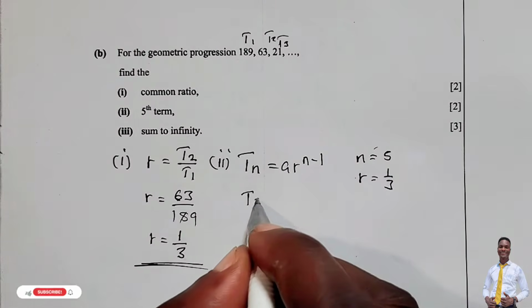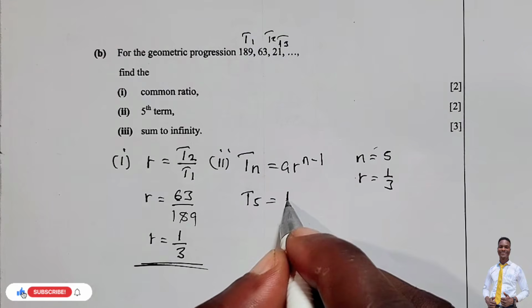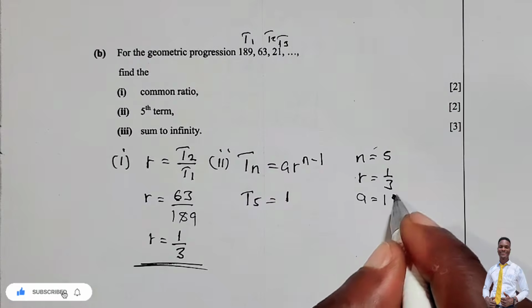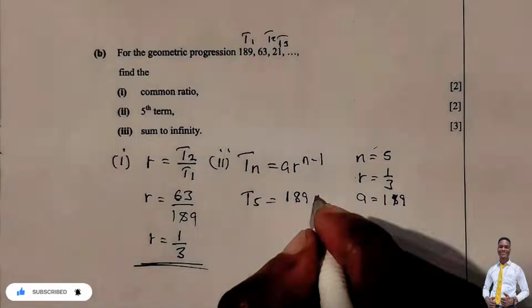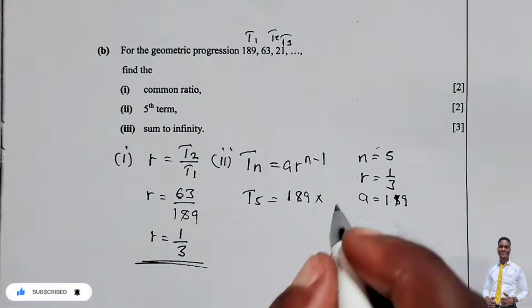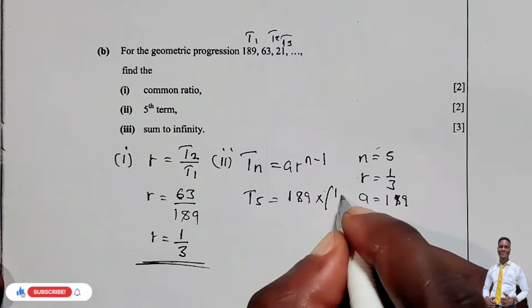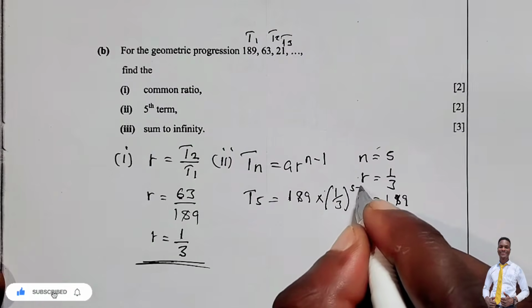So T5 is equal to the first term, which is 189, multiplied by 1 over 3 in brackets, to the power n minus 1, which is 5 minus 1.